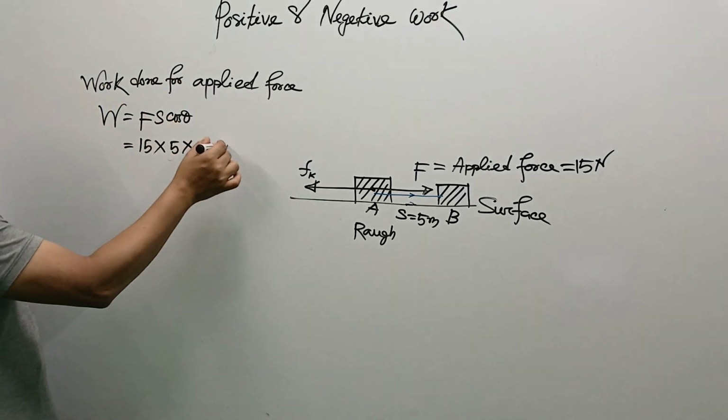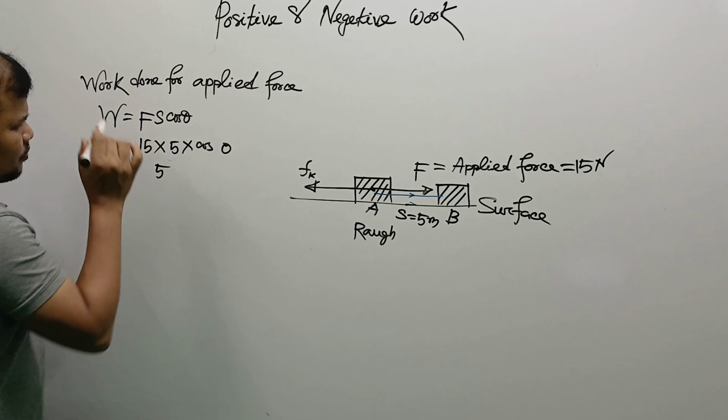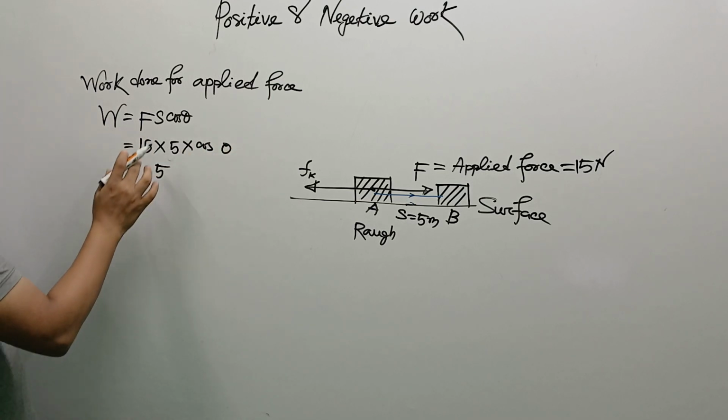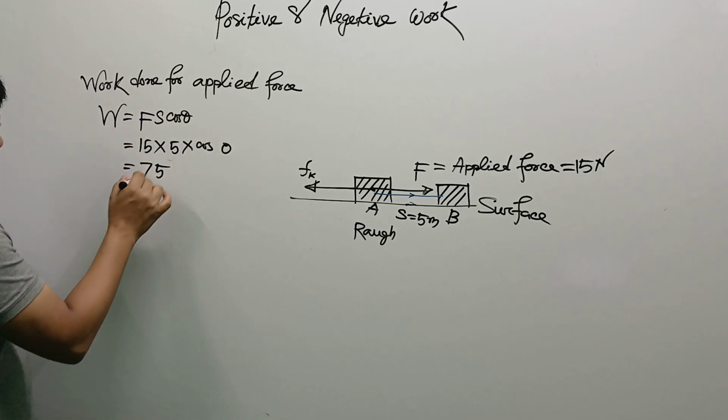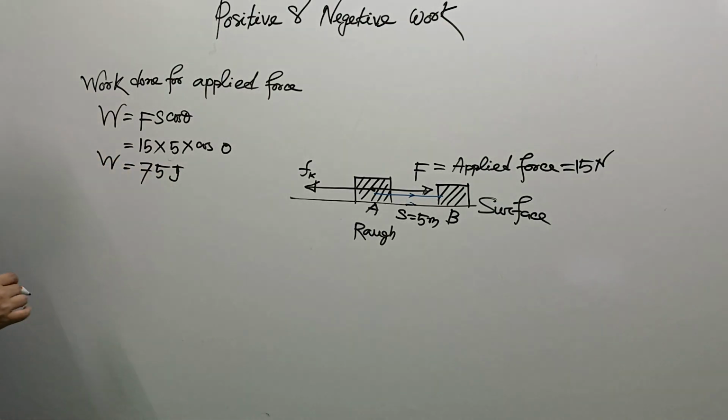So we put 0 here. Cos 0 means 1, so the work is 75 joule. This is the example of positive work done by the applied force.